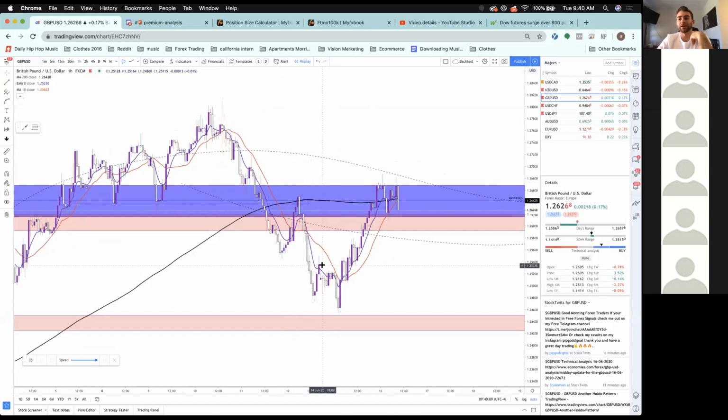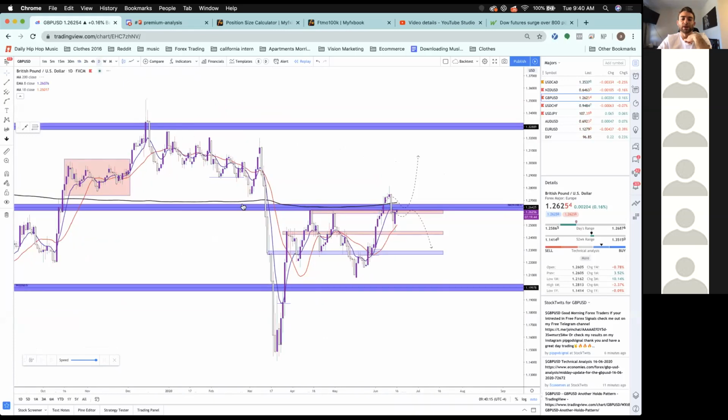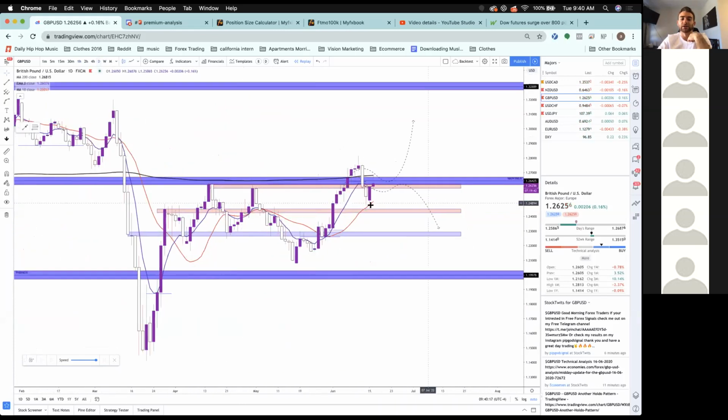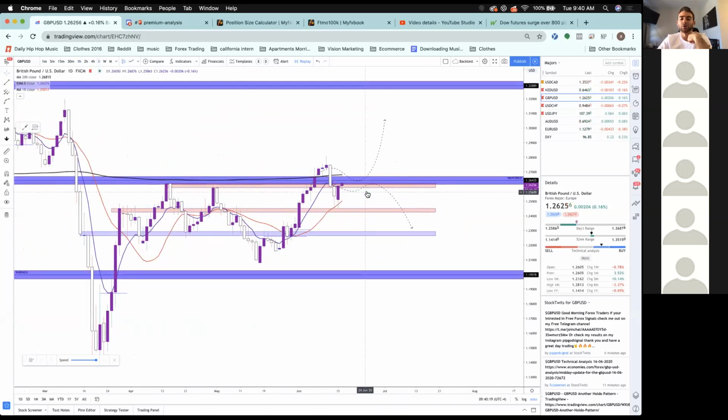So the point is, right now I don't see things as clearly as I'd like to on GU. So I'm just going to wait and see how this little area plays out. What's holding me is this monthly resistance level and this 200-day moving average. For longs, like I put earlier, I really need to get back above this blue level, this zone, before I consider a long.